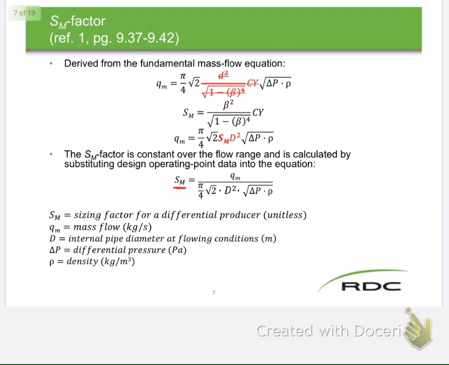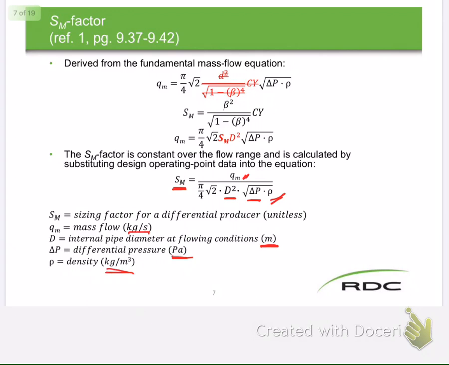And it's this one right here. So once again, mass flow rate, make sure your units are correct. The big D, make sure your units are correct. This is in meters, not millimeters, so make sure you do that correctly. Differential pressure, check your units. And density, check your units.